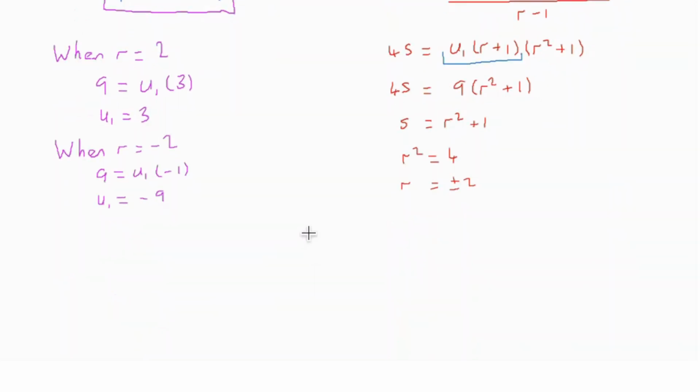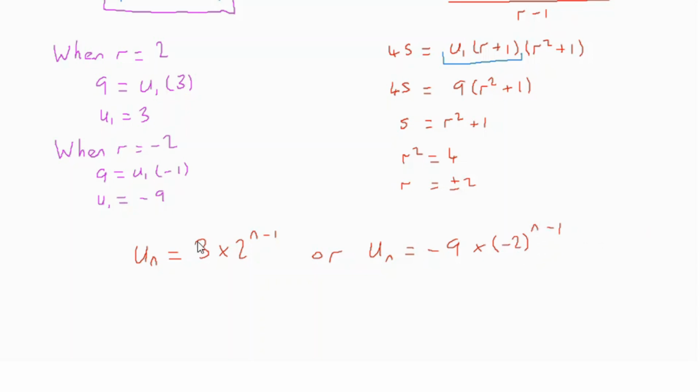So this gives me two different formulae for geometric sequences. I can either have UN equal to 3 times 2 to the power of n minus 1, or UN equal to minus 9 times negative 2 to the power of n minus 1.